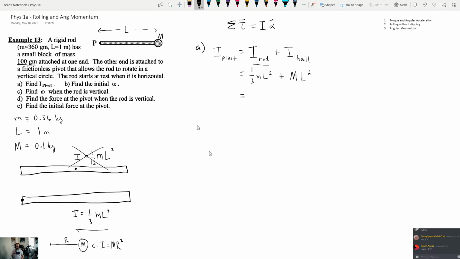And we can just calculate this, right? Does anyone have any questions? Okay, so this is going to be 1 over 3 multiplied by little m, which is 0.36, and then L is 1 meter, plus big M is 0.1 kilograms, and the length is 1 meter again.